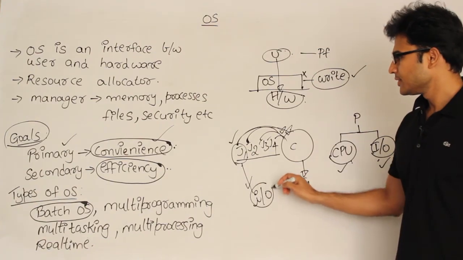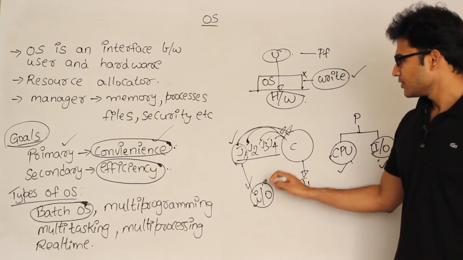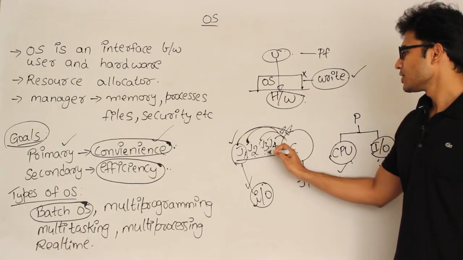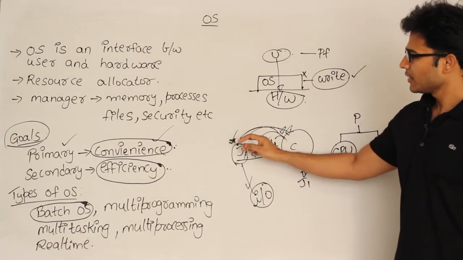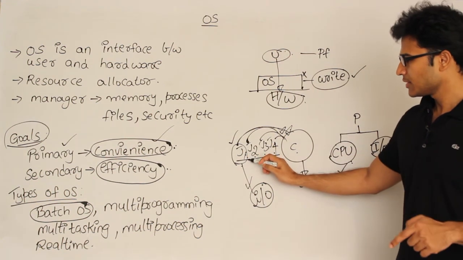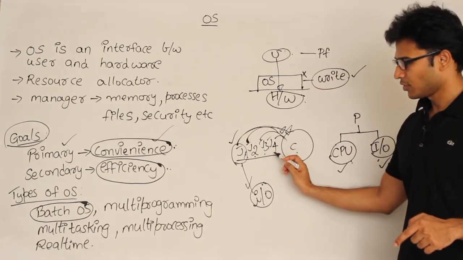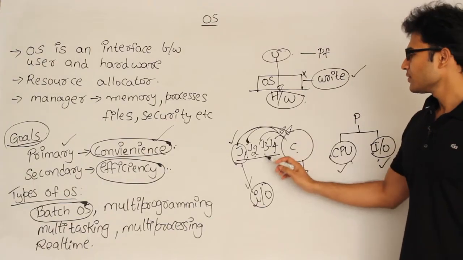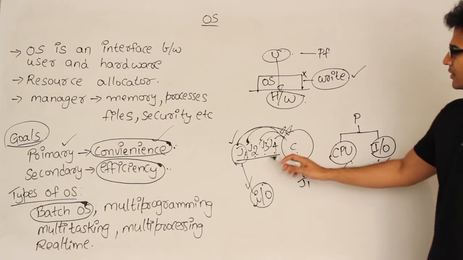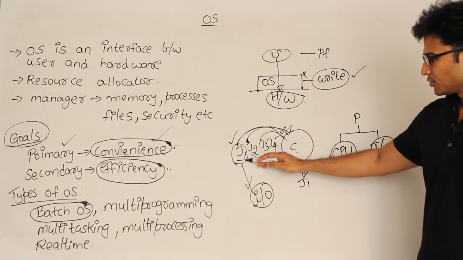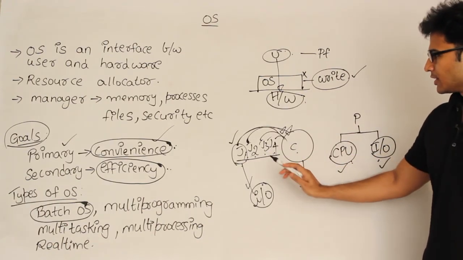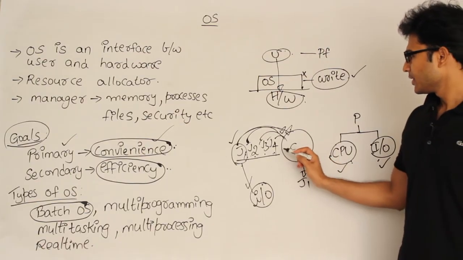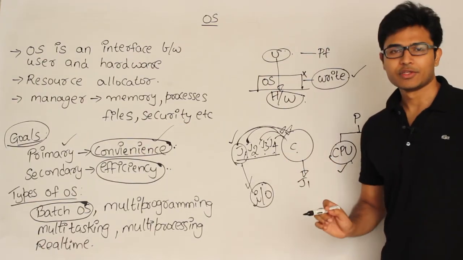And now while J1 is at the IO, the CPU should have executed J2, J3, J4, but according to the rules of batch processing, whoever gives their job first should finish it, and only then will other jobs be taken up for processing. Therefore, even if the CPU is idle, even when the selected job is doing some IO work, even when the CPU should have taken other jobs, it will not do that. That is why the efficiency is less and the throughput is less.